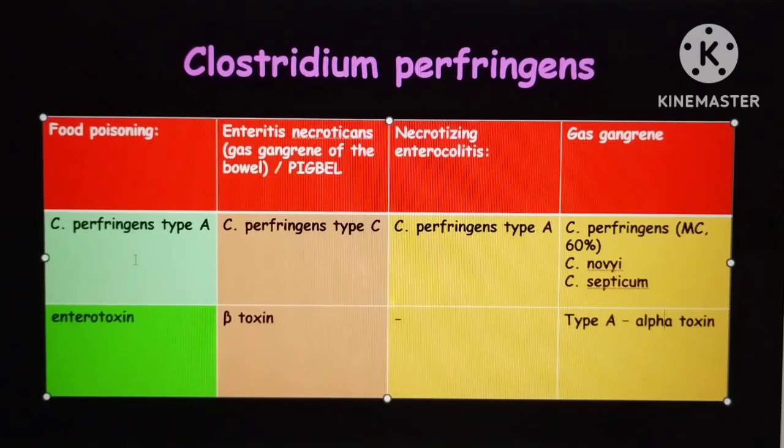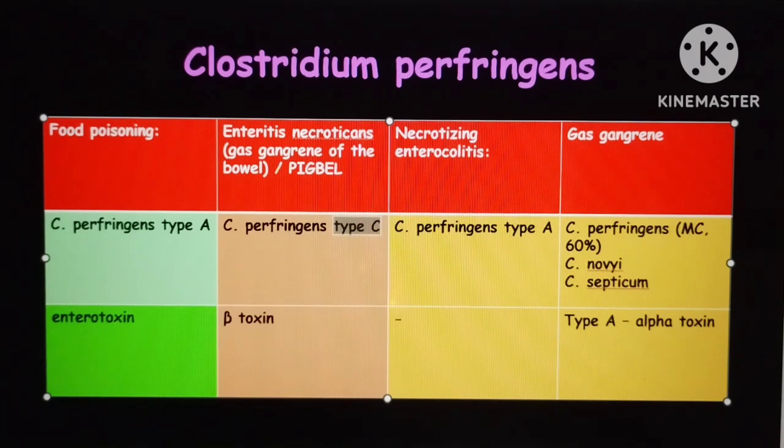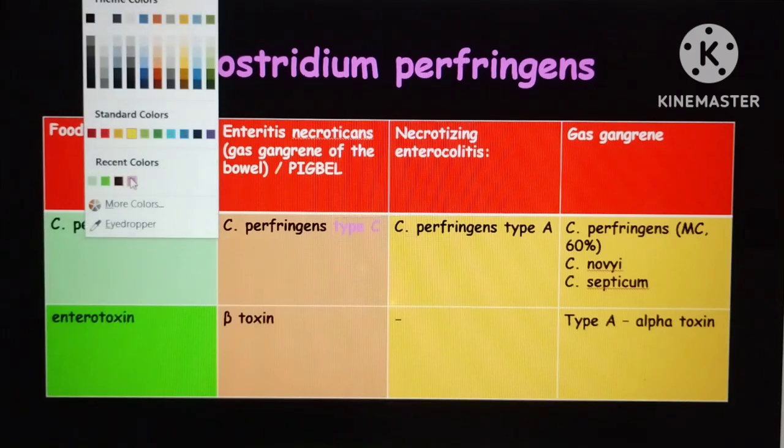So here you remember all the diseases are caused by Clostridium perfringens type A, except gas gangrene of the bowel or pig bell, which is caused by type C. Okay, so this you won't remember because this is again an exception.